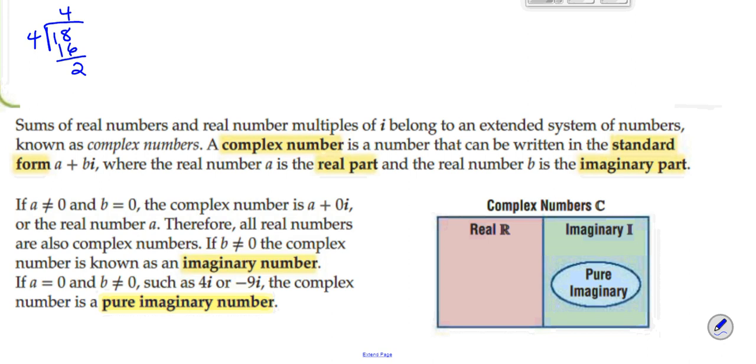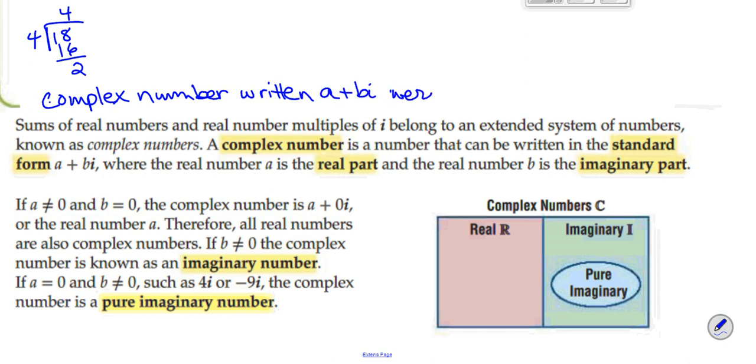So a complex number is written as a plus bi, where a is the real part and b is the imaginary part.